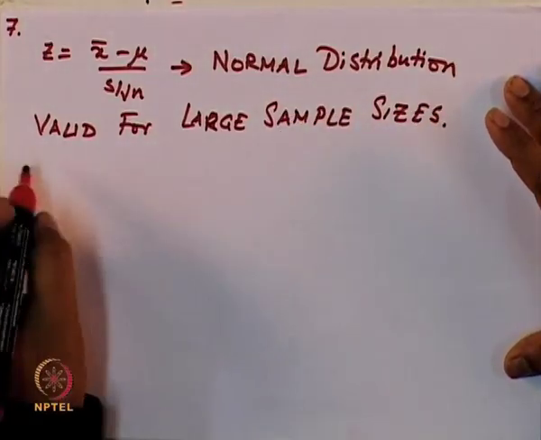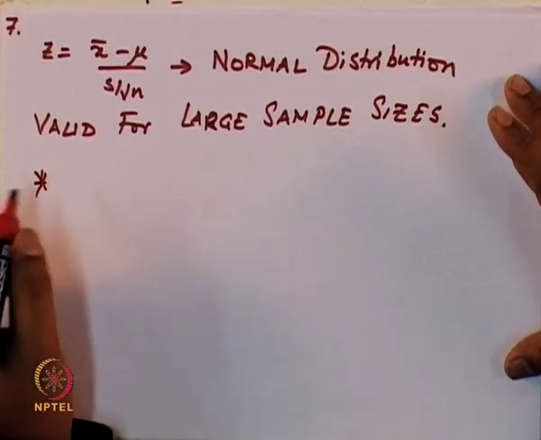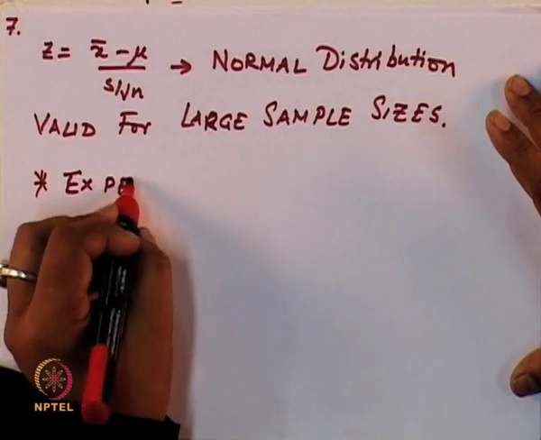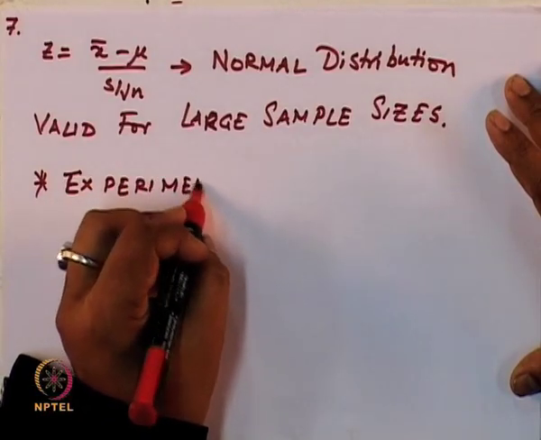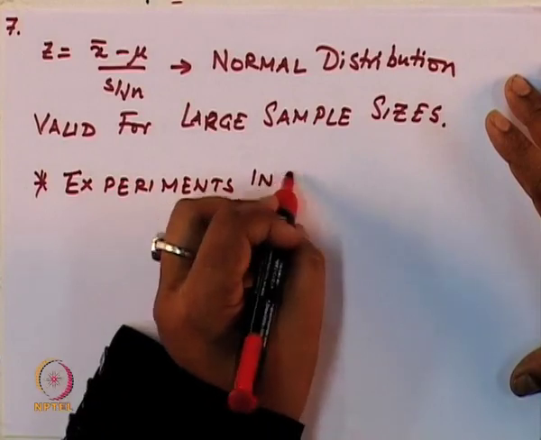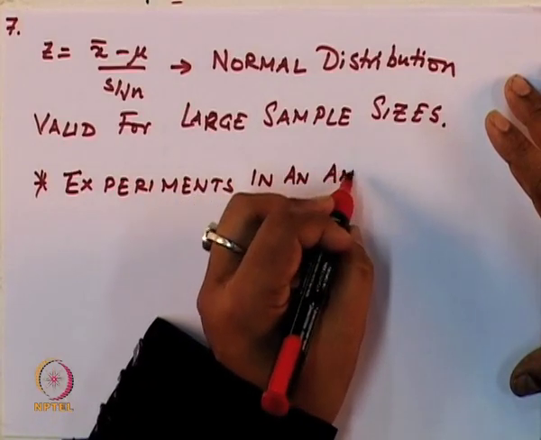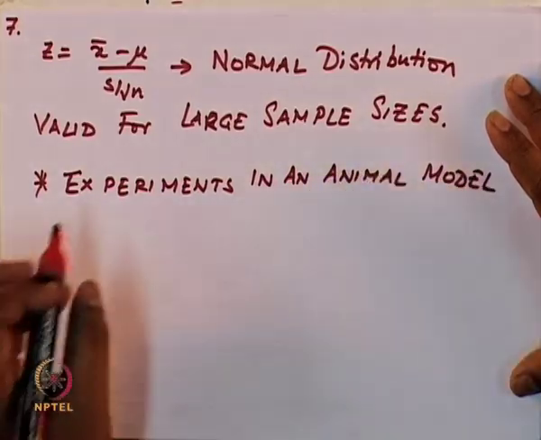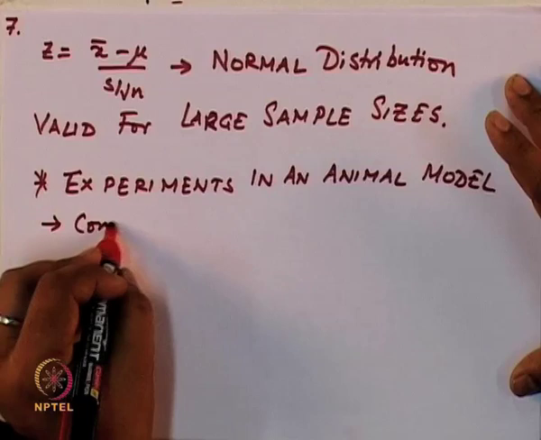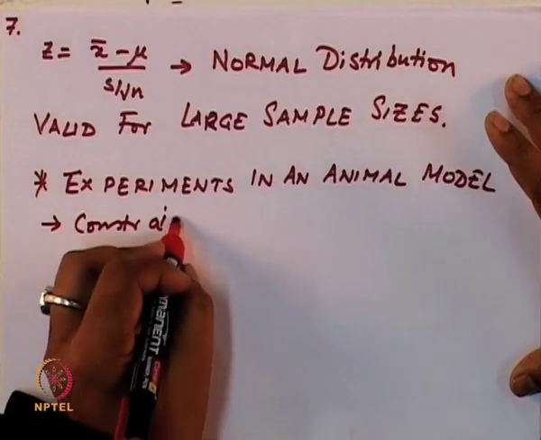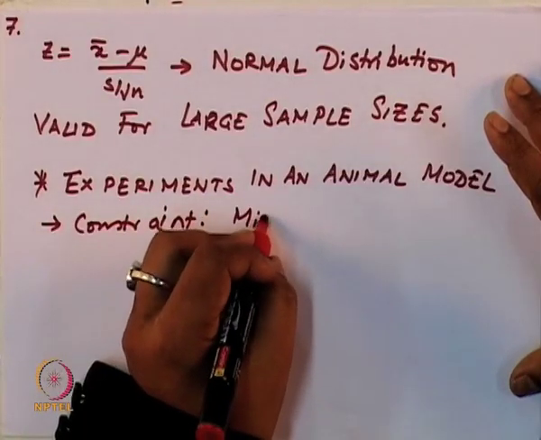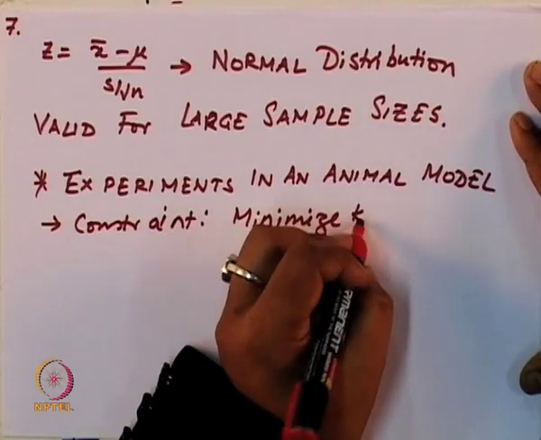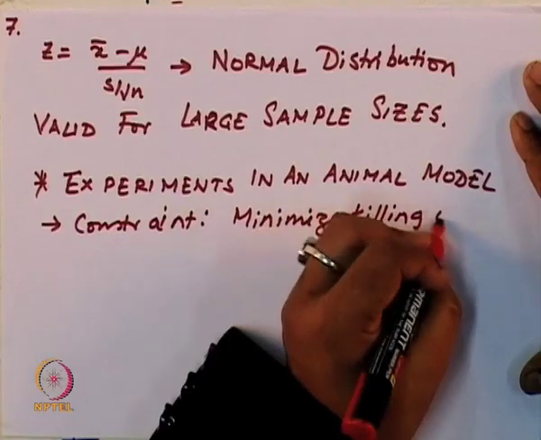Imagine the following scenarios. You want to do some experiments in an animal model. So, what is your constraint? The constraint is to minimize killing of animals.